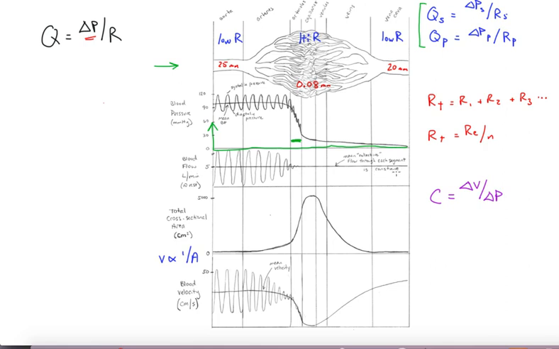Now, going down another layer here, we have total cross-sectional area. And what we can see there is that the large vessels are very small in number, aorta being actually only one, and therefore have a very small total cross-sectional area compared to the small vessels, right?